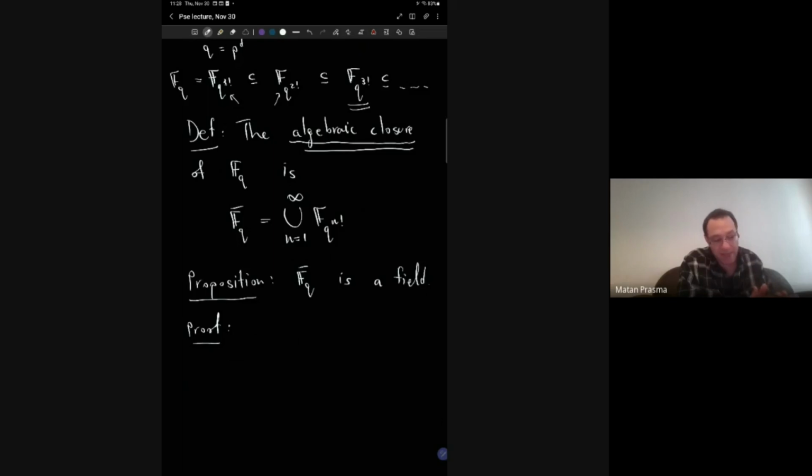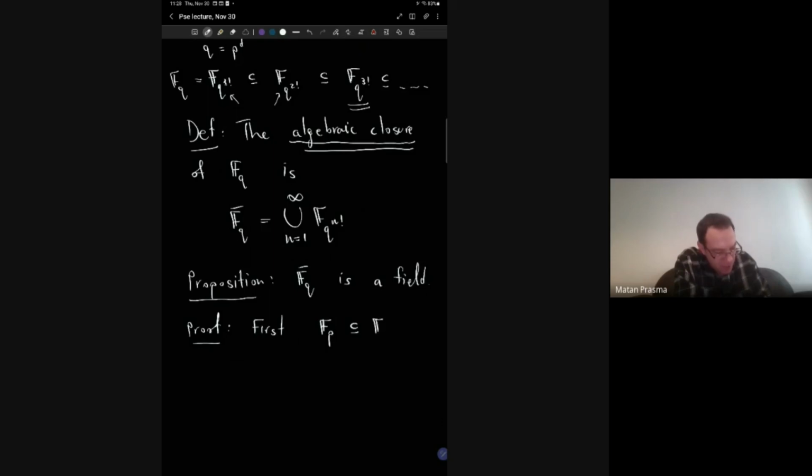Okay, so let's first prove that the algebraic closure is a field. First, F_p is contained in the algebraic closure.